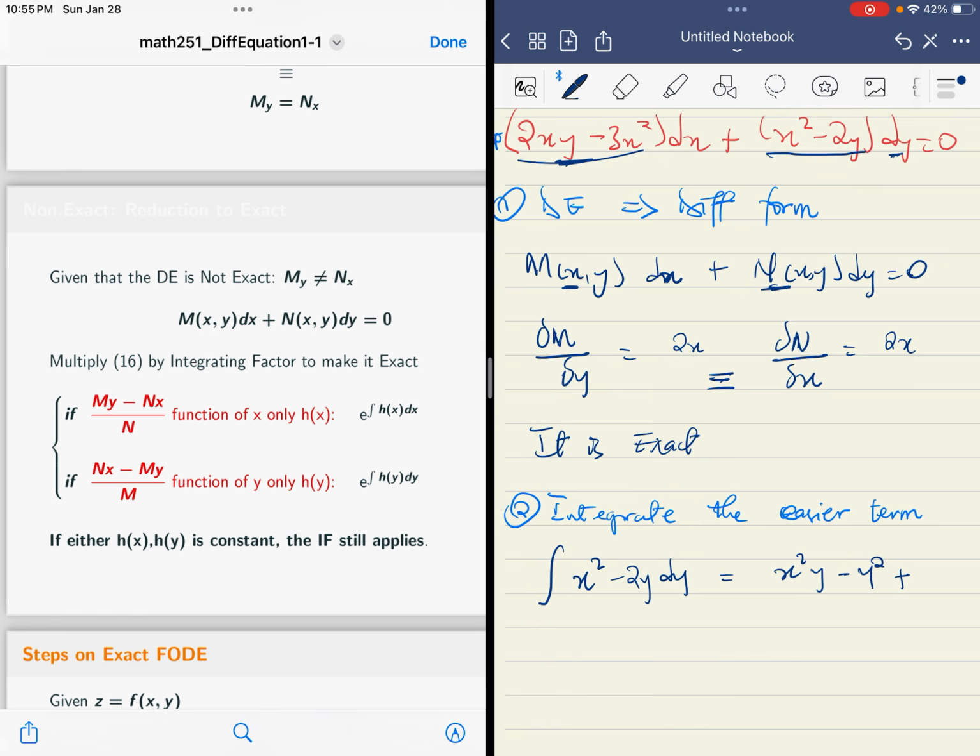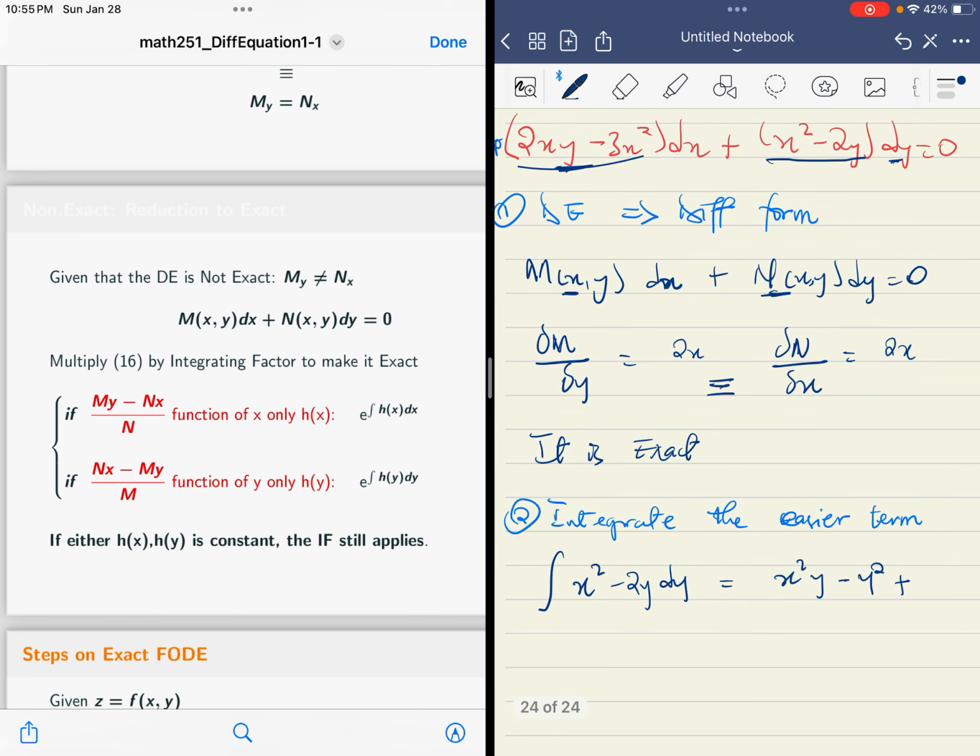I'm trying to figure out a simple or less complex way to explain this arbitrary function. We picked up our N of x,y. Whenever you solve a differential equation, you end up having y equals something, or say f of x,y equals something. That is going to be our solution.